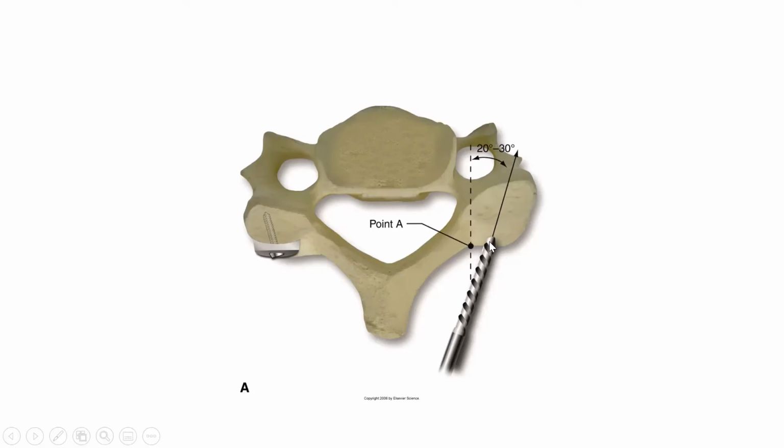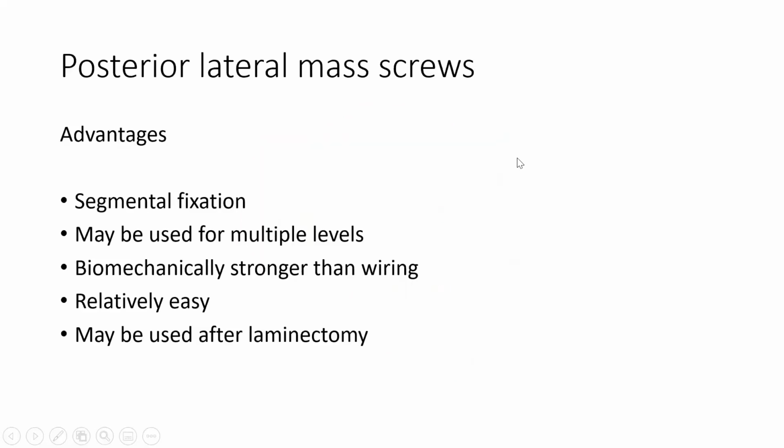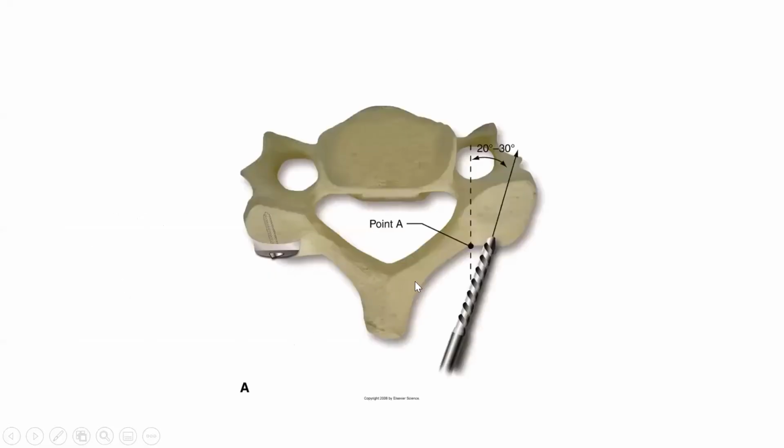So you can usually get about a 16 to 18 millimeter screw in these lateral masses. And it's quite nice for multiple levels or even segmental fixation. They're stronger than a wire, and you can use it after laminectomy. With a laminectomy, you're taking the lamina out here, you still get the lateral mass intact, so you can still fix it even if you've done a laminectomy.